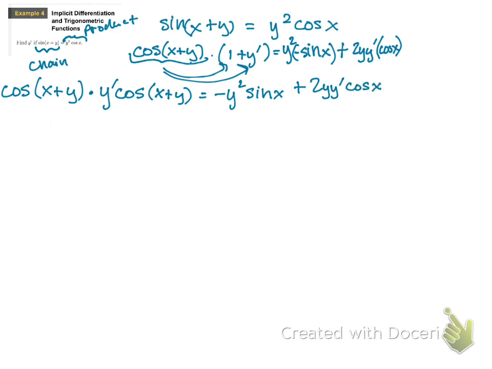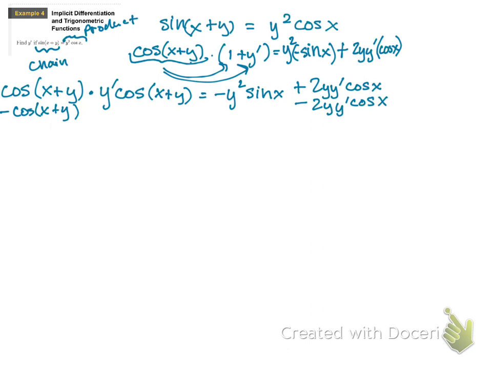Now, anything that doesn't have y prime, you want to push to the right. Anything that does have y prime, you want to push to the left. Okay, so I'm going to take off this guy. And I want to take off this guy. But why are you able to subtract that if they're multiplying? That's what I thought too.